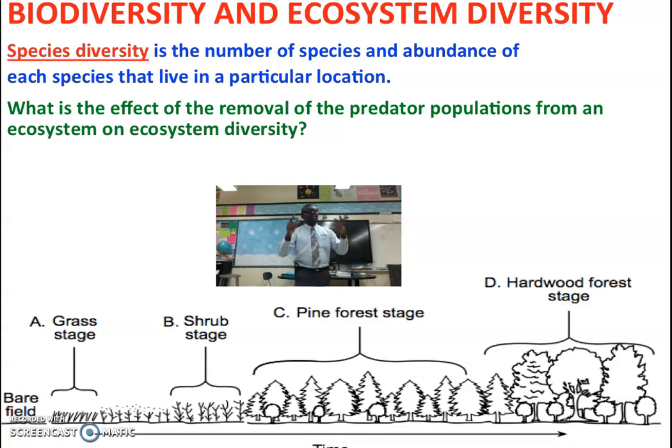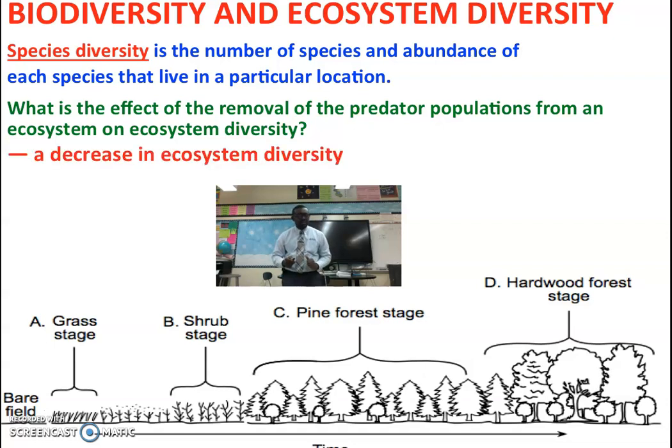If you remove lions from an ecosystem, how would that affect it? If you remove one group of organisms, it will decrease the ecosystem diversity, and that's not good for ecosystem stability.